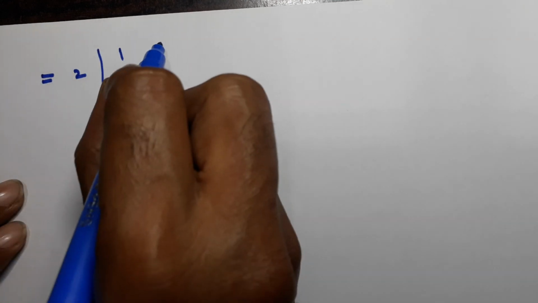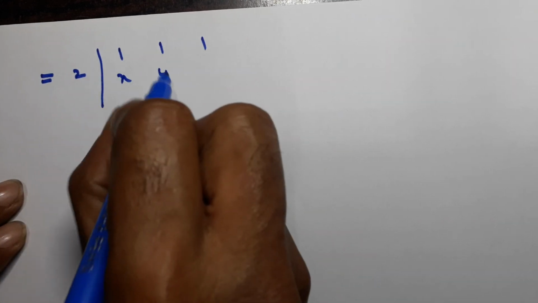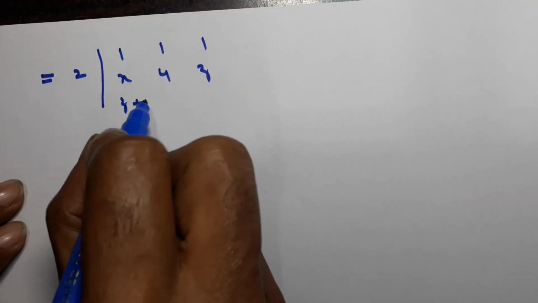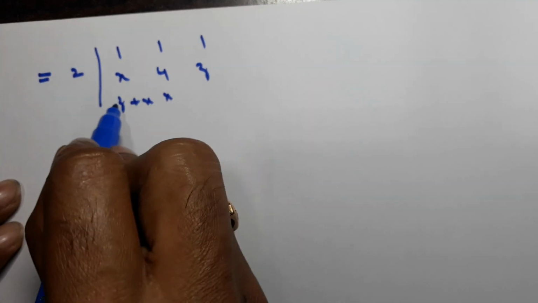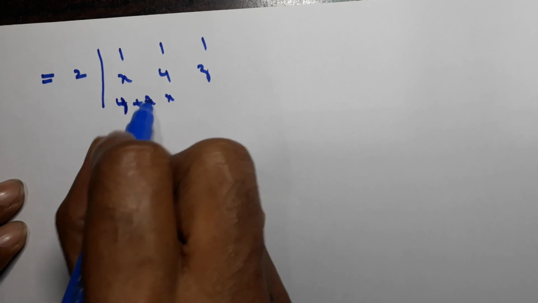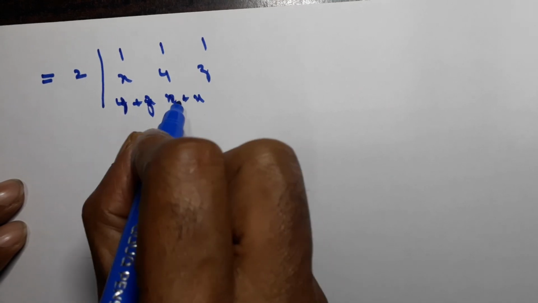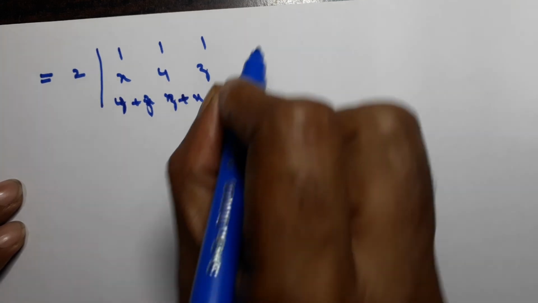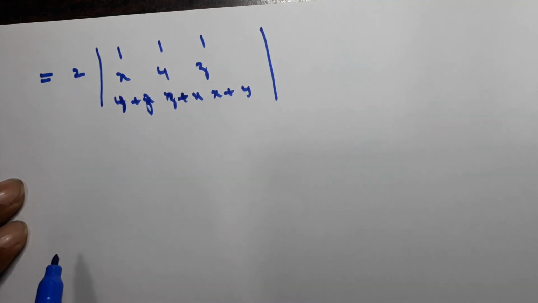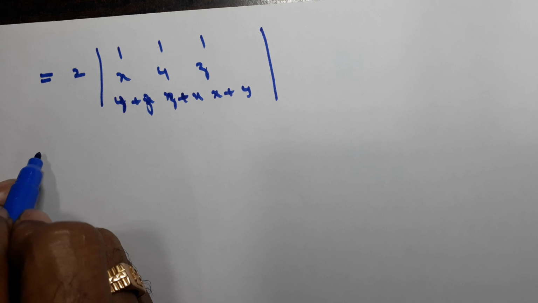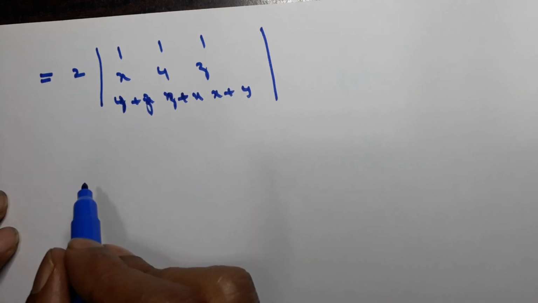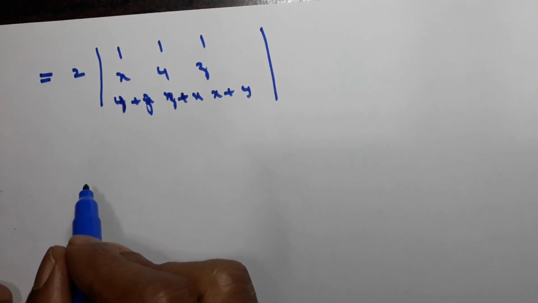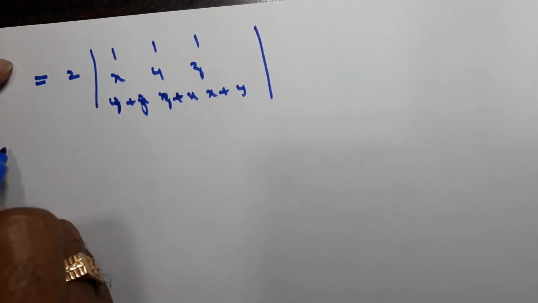In the previous determinant, take 2 common from the second row. So now 1, 1, 1, x, y, z, y + z, z + x, x + y. Next, to simplify the determinant, we can apply row transformations.